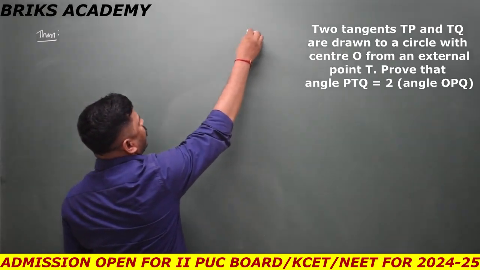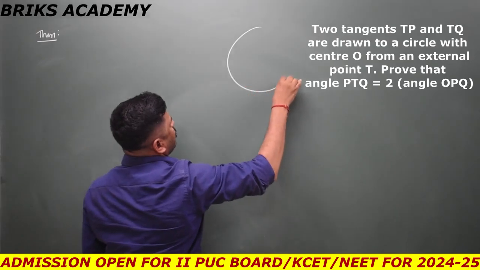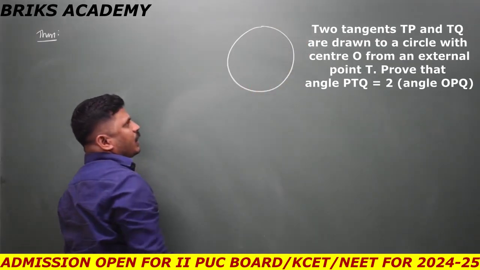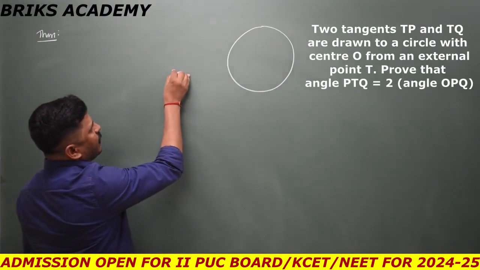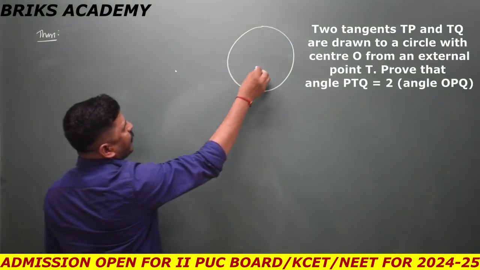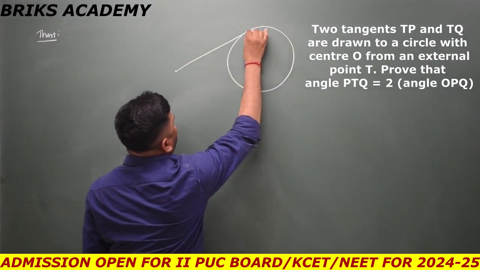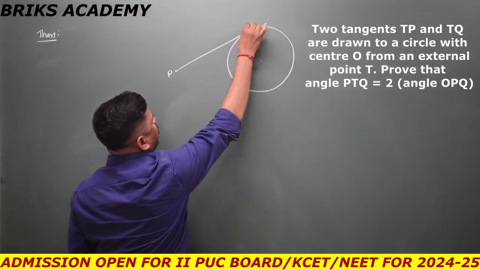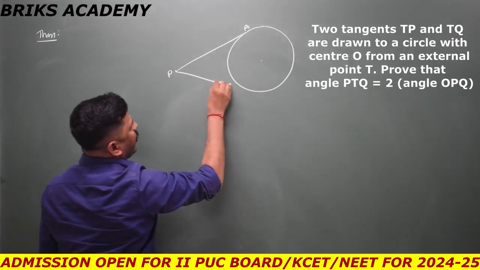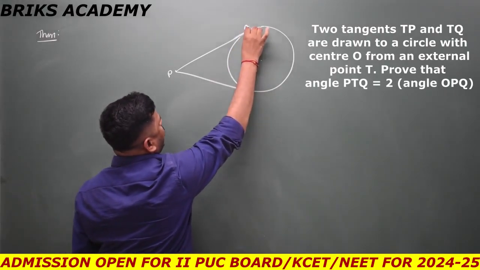What does it say? For a circle, two tangents are drawn from an external point. PA and PB are two tangents drawn from an external point.